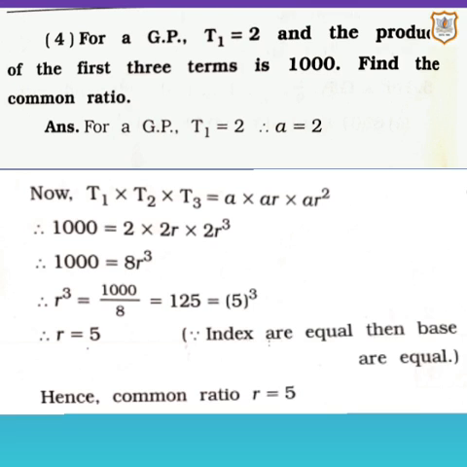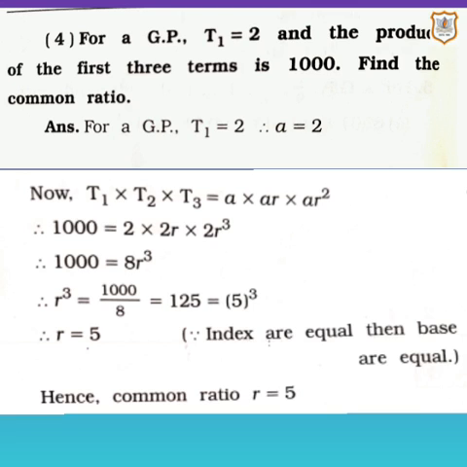So in place of that, we will write 1000. And we know the value of A, so in place of A, we'll write the value 2: 2 into 2R into 2R square. So 1000 is equal to 8R cube. So R cube will be 1000 upon 8. That will give you R cube is equal to 125.